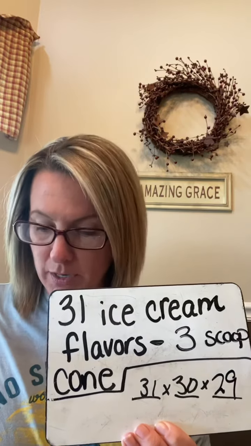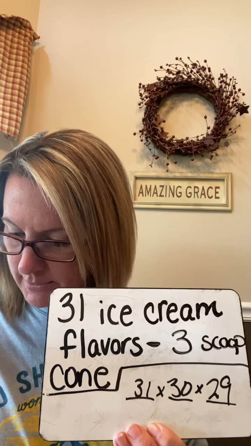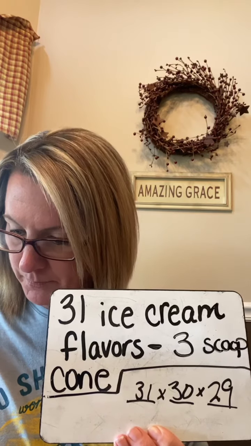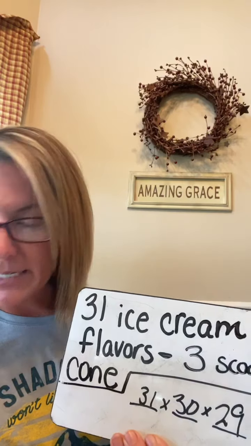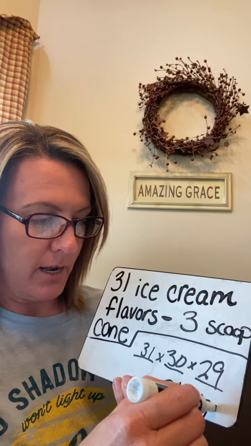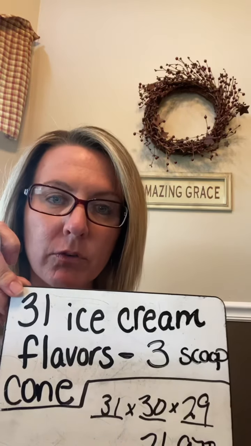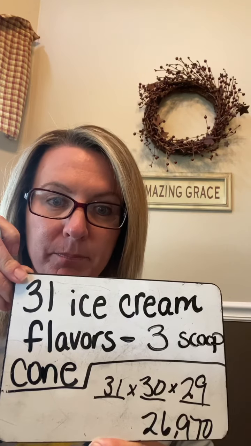So we would use the fundamental counting principle. I've got my calculator right here. And we would multiply 31 times 30 times 29. And we get a whopping 26,970 different ways that you could stack 3 different scoops of ice cream out of those 31 flavors, okay?